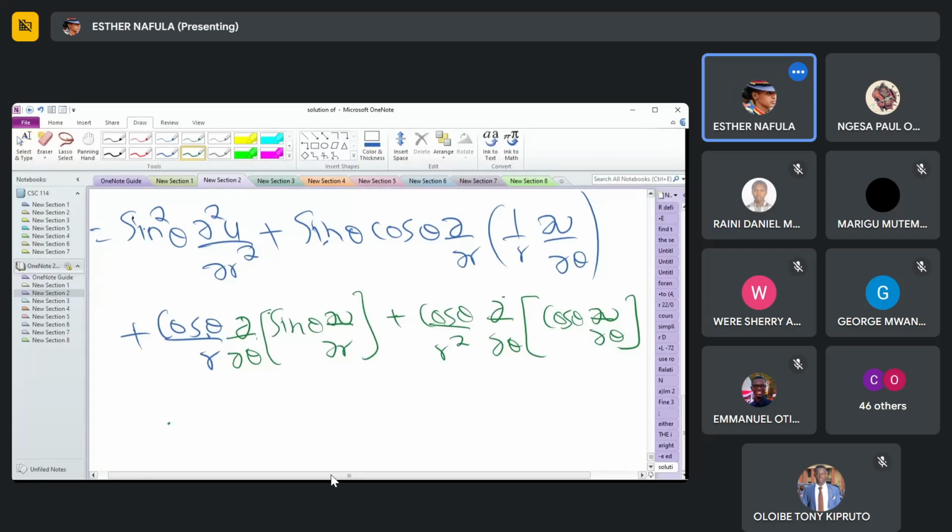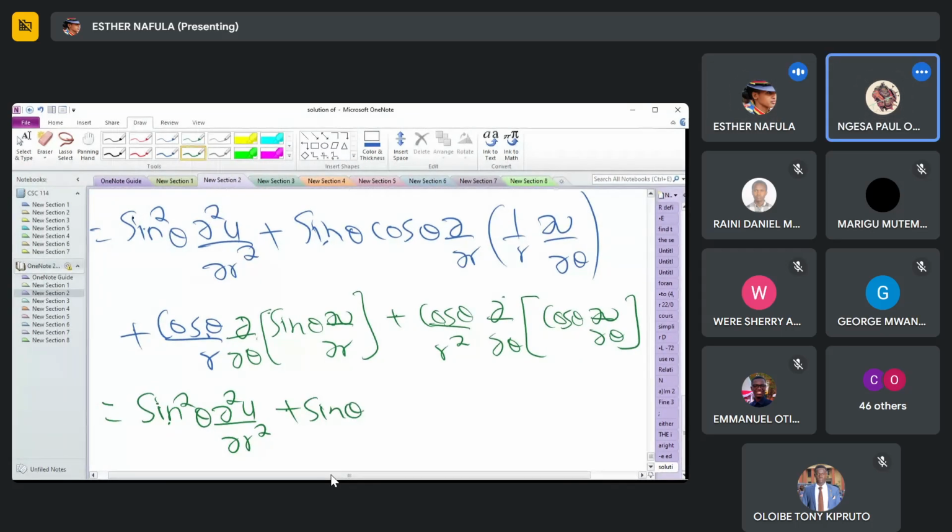What do we get? We get sin squared theta times the second derivative, partial squared u partial r squared, plus sin theta cos theta into bracket 1 over r partial u partial r partial theta. Partial squared u, partial r, partial theta.